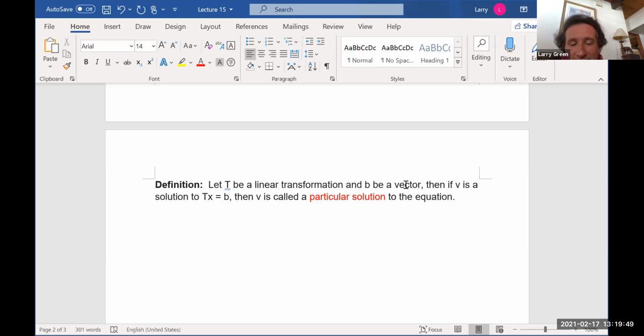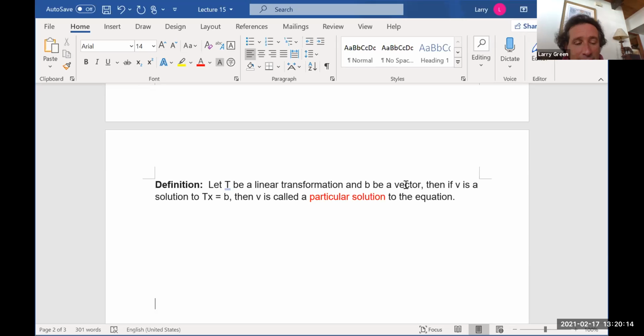It can be, but in general, it doesn't have to be a matrix. So it's a function such that T of x plus y equals T of x plus T of y, and T of Cx equals C times T of x. So it means that it's linear. So you can split up pluses and you can pull out constants.